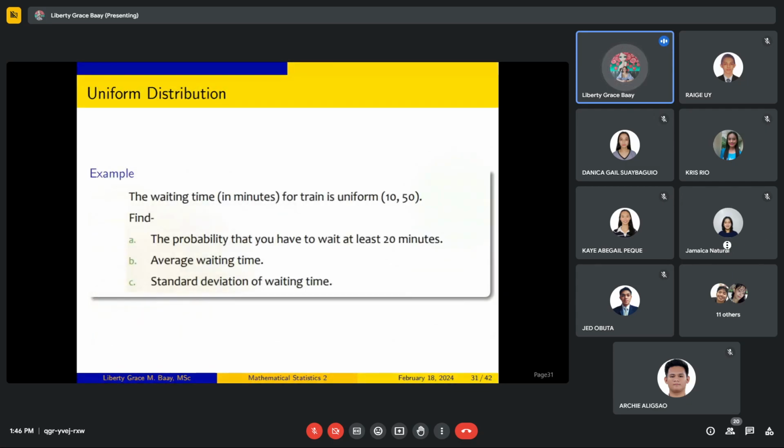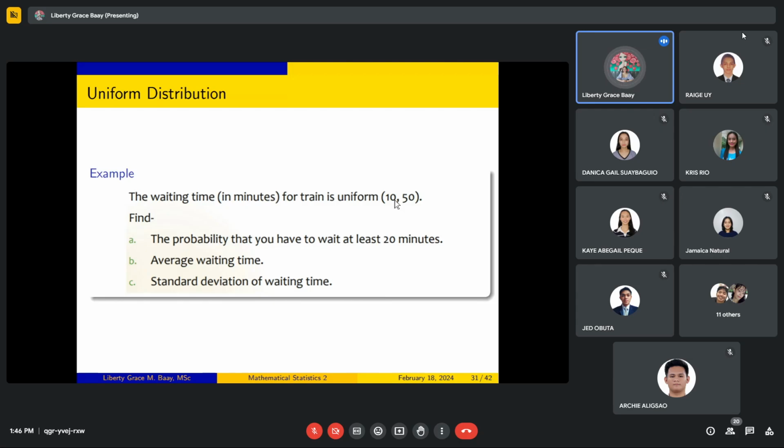Okay, here is an example using the uniform distribution. The waiting time in minutes for a train is uniform with this one. So we have the mean and the variance.